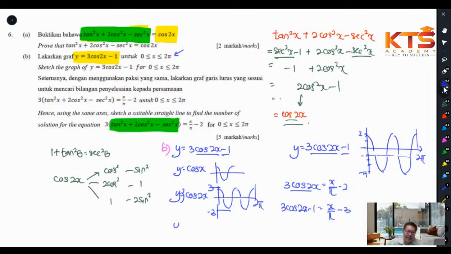So this one I have y. Okay, this one I already have here.